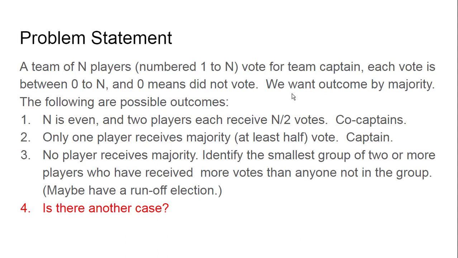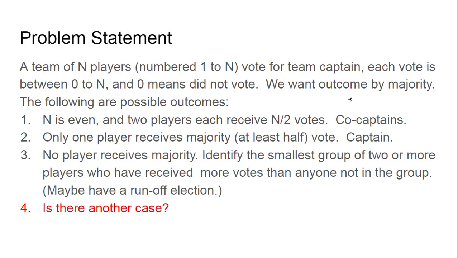We have a team of n players, numbered 1 to n, and they are voting for the captain of their team. Each player can send in one vote, and the vote will be between 0 and n, where 0 means that the player actually didn't vote, or wrote an invalid ballot, or whatever. The other numbers represent a vote for that particular player.